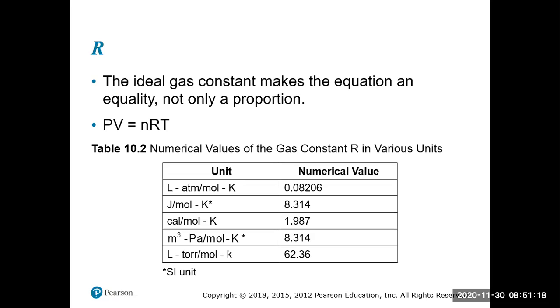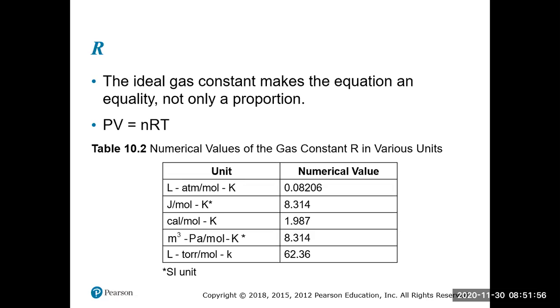Pretty much all the work that we do will use that constant for our ideal gas law calculations, because our pressure is almost always going to be in atmospheres. We'll be working in moles and Kelvin. If you do have other units, there are other constants, but really the difference in the constants is just converting between the different units. For us, let's focus on that first one, liters atmosphere divided by moles Kelvin.